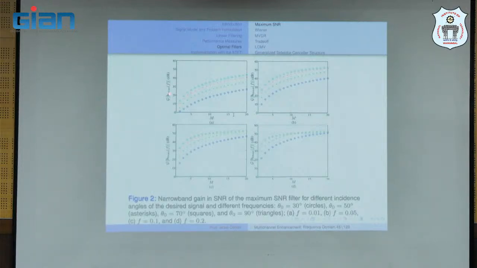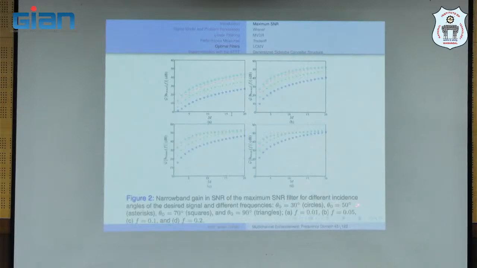If we see here the gain in SNR, this is the improvement of the gain in SNR as a function of M, the number of sensors, for different frequencies. Here the frequency is 0.01, here it's 0.05, here it's 0.1, here it's 0.2. But let's look here. What is the gain in SNR?